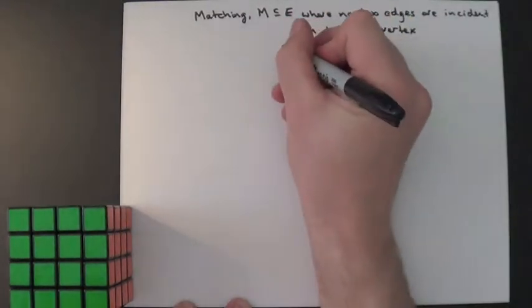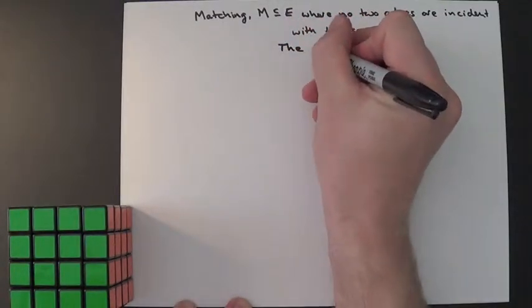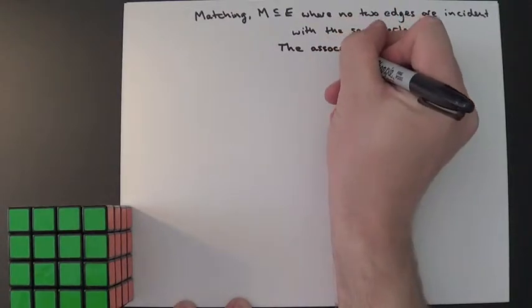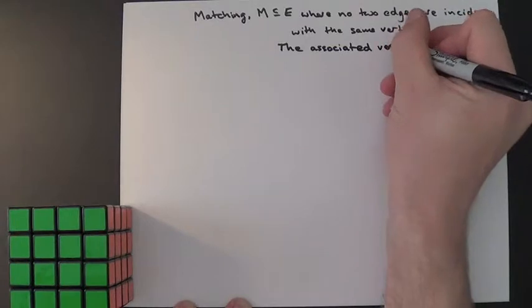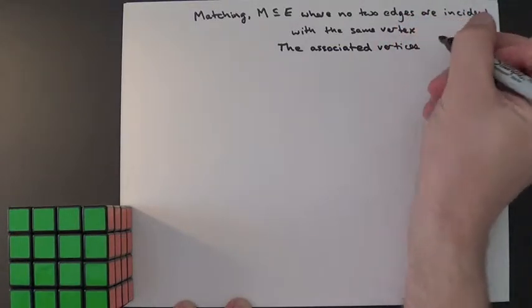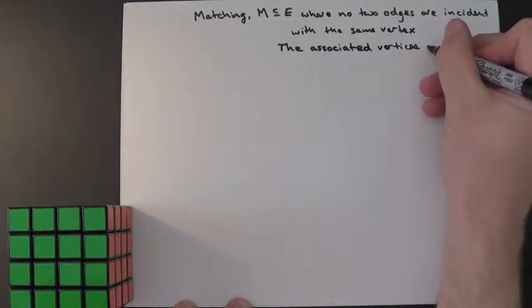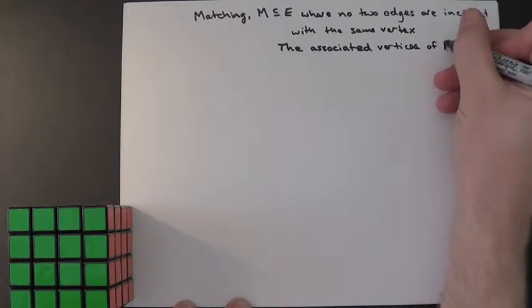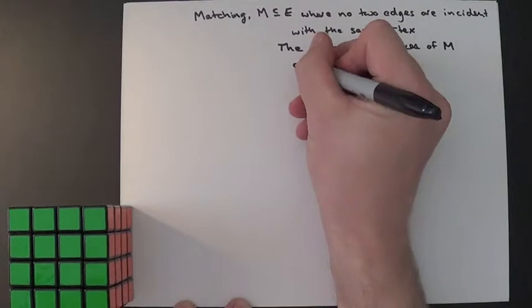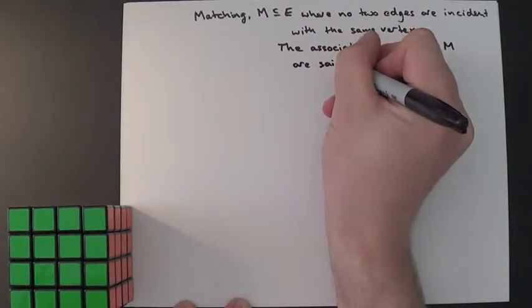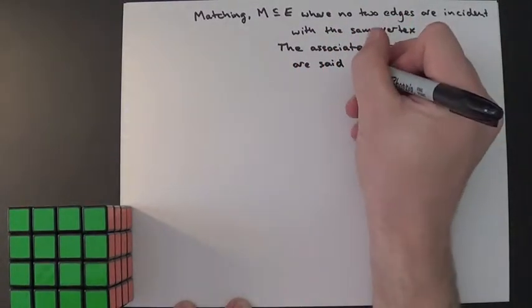The associated vertices of that matching M are said to be matched in M.